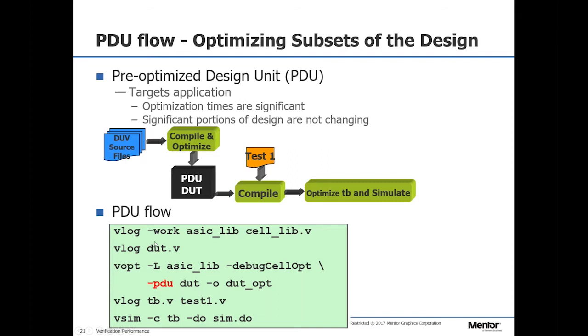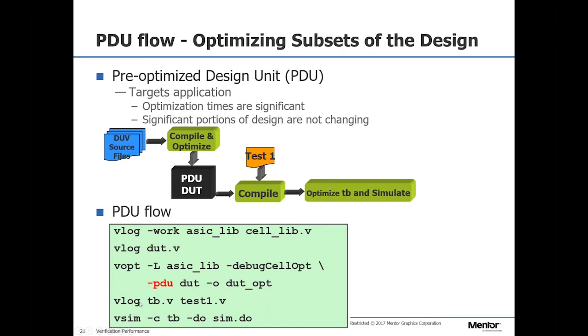In this case, I'm compiling my ASIC library, my cell libs, and a few other things. Then I'm compiling my DUT, and then I'm going to do an optimization just on the DUT. And I'm going to flag it as a pre-optimized design unit. So now I'm going to output this thing called DUT-opt, which is a pre-optimized DUT.